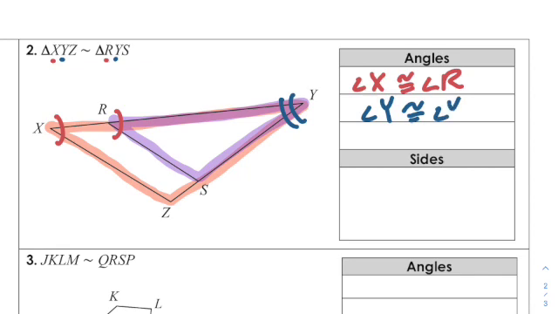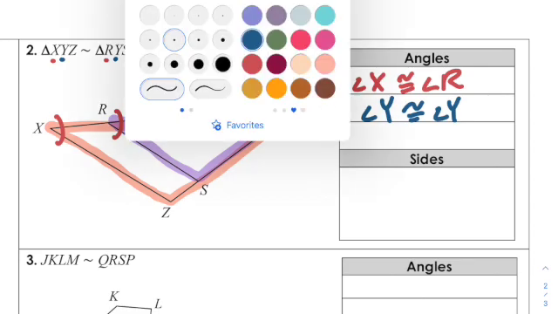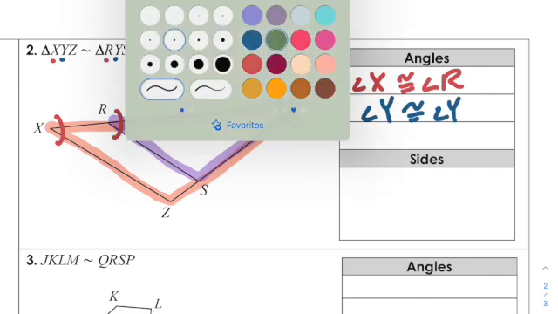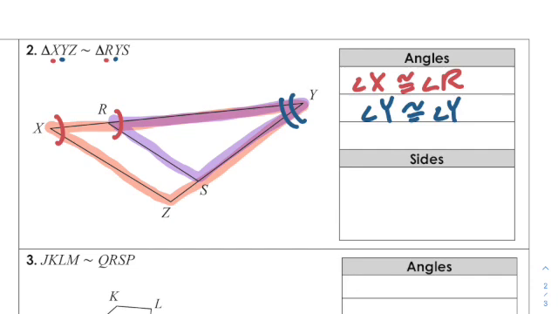It's because the two triangles share the same angle. They both share angle Y. So it's actually possible depending on how the graph looks. And last but not least, we have angle Z is congruent to angle S according to our similarity statement. That was the easy part.